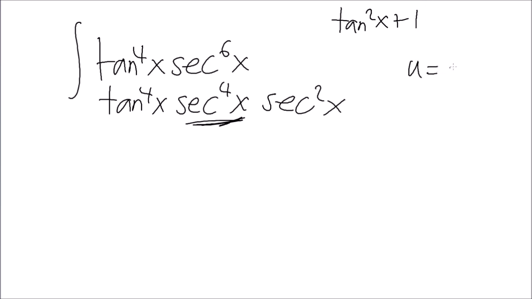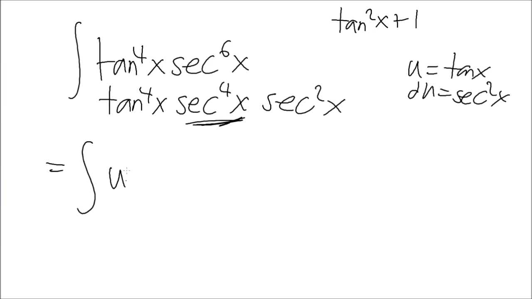And then when we let u equal tangent x, our du can take care of secant square. So now this becomes u to the power of 4. Again, this requires a bunch of secant squares, so this is secant square squared. So we're going to have to square this, and then it will be u squared plus 1, and then du.